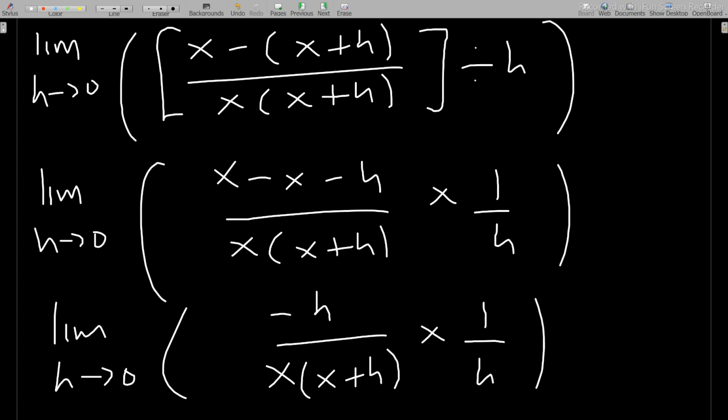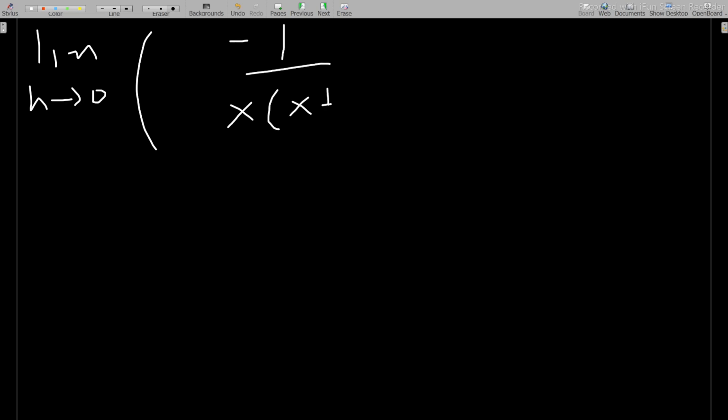And now this becomes very simple for us, so this h will take this h off and we'll be left with minus 1 here. Okay, so it means we'll have something like this: limit as h approaches 0 of negative 1 over x into x plus h.